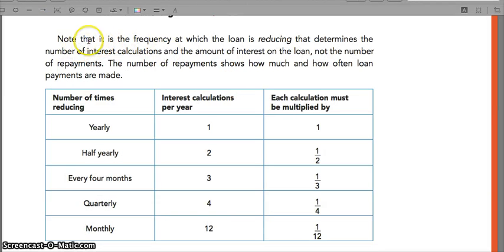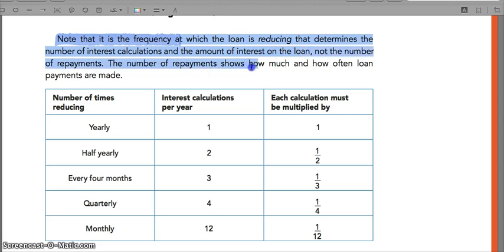So all we need to note here is that the frequency at which the loan is reducing determines the number of interest calculations and essentially the amount of interest that we're going to have to pay, and it's not the number of repayments. So it's the frequency at which the loan is reducing.